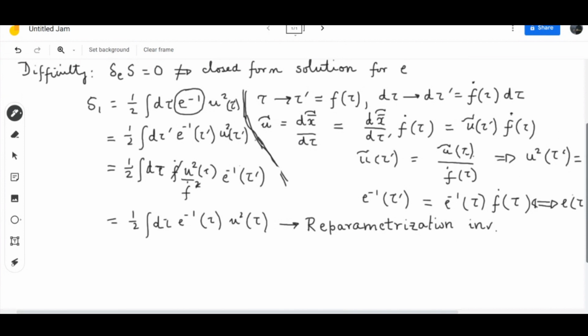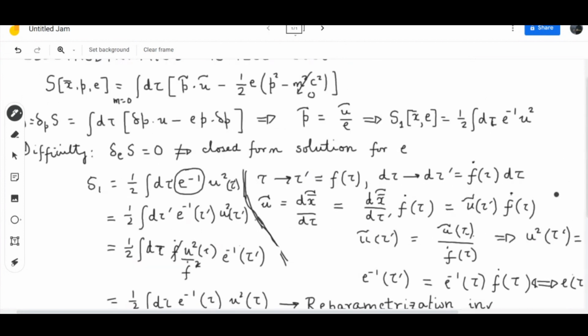That's right. I think there was a misunderstanding. So the idea was that if at the outset you set m to 0, can you get an action like the standard one?